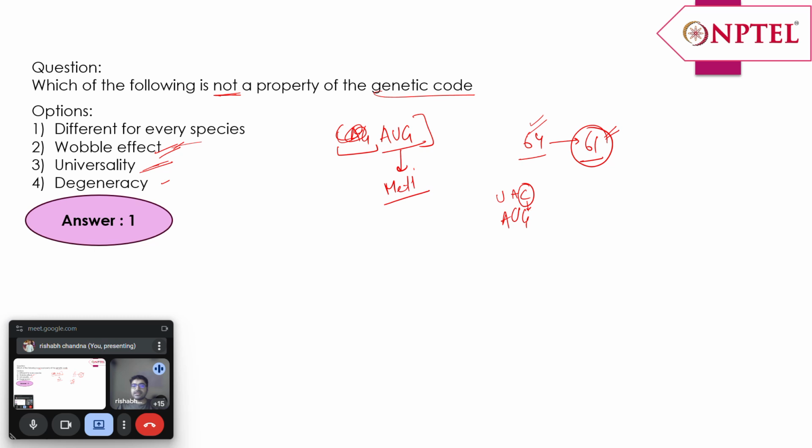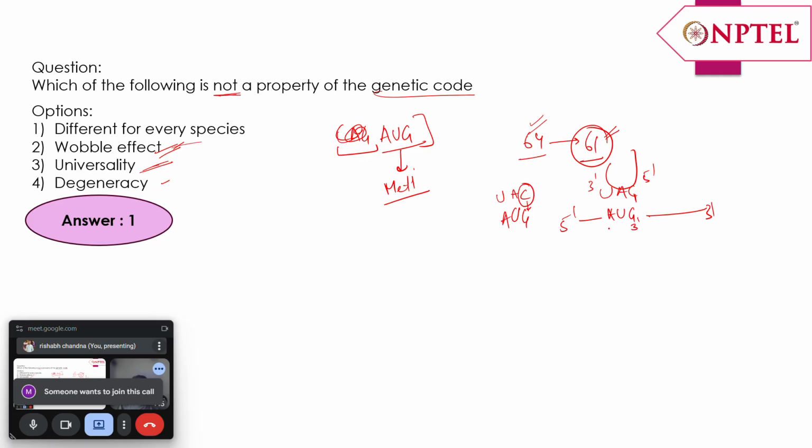In simple terms, this is AUG present on an mRNA. The tRNA that binds to it would have UAC. This is in the 5 prime to 3 prime direction. Now this would be the first base and this would be the third base.